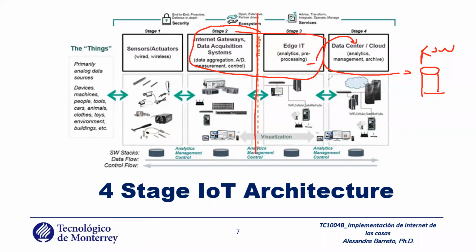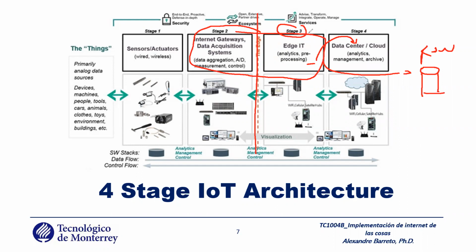Yes. Okay. The edge provides another thing. Remember, the edge is not exactly this, okay, but for now you can think like that. The edge is a small or simplistic version of the cloud. In the edge, you have analytics like in the cloud.